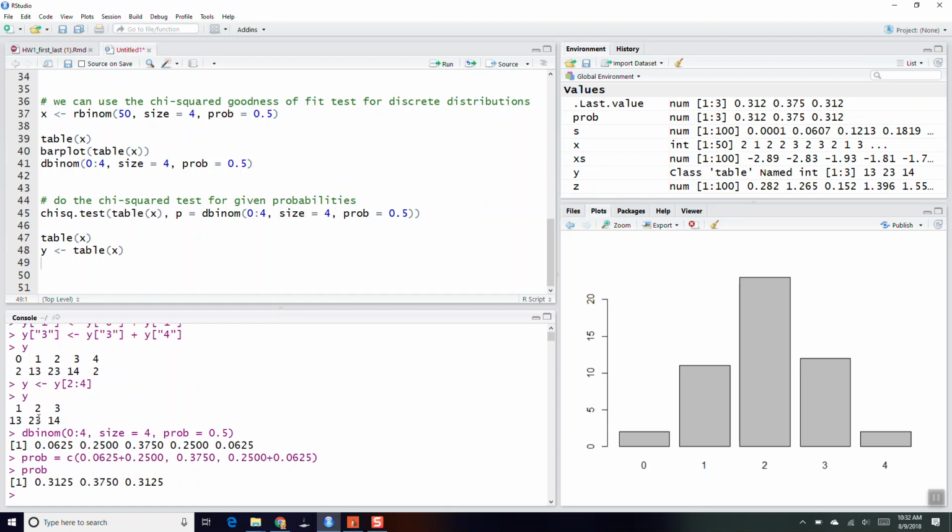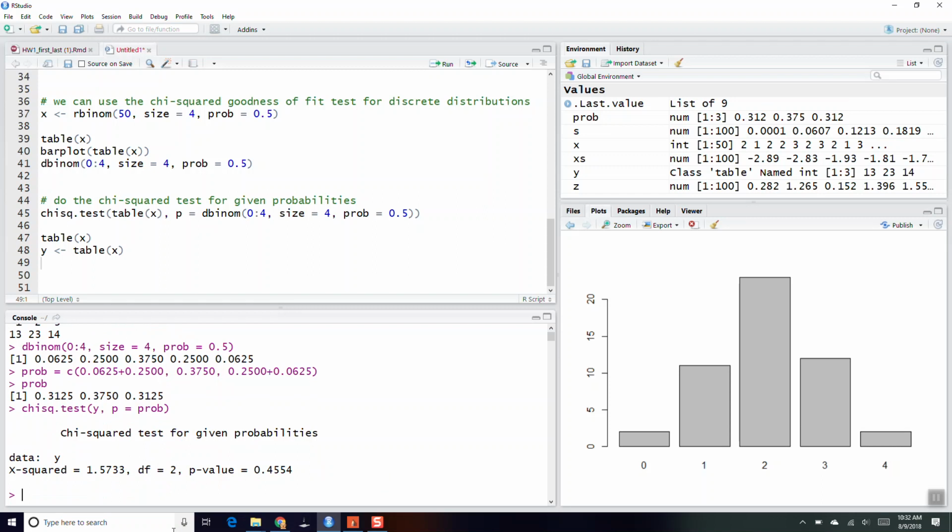Now I can finally compare my counts versus the probabilities. So I can do chi-squared test of my counts y versus p equals my probabilities, and then I no longer have the warning.